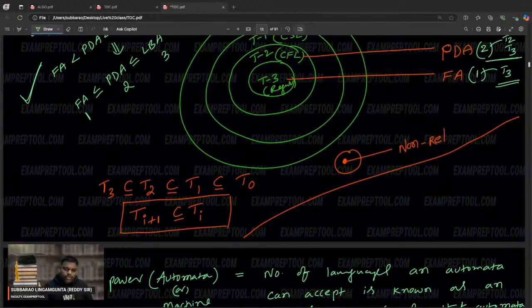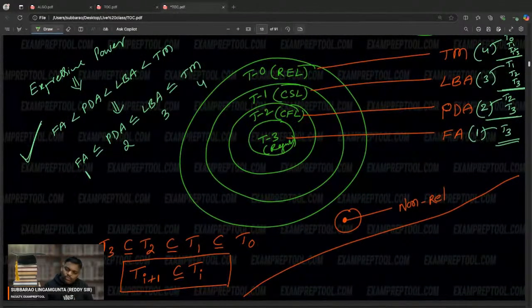If you observe clearly, finite automata have expressive power 1 because they can handle only regular languages. PDA has expressive power 2 because PDA means finite automata plus one stack. Whatever finite automata can do, PDA can do, plus because of the stack, one more thing it can do extra. So PDA can handle CFL also, and regular also.